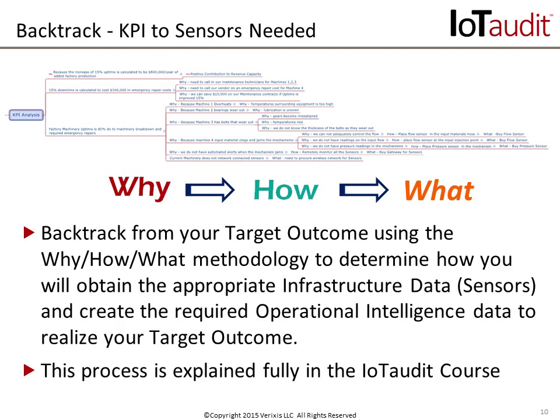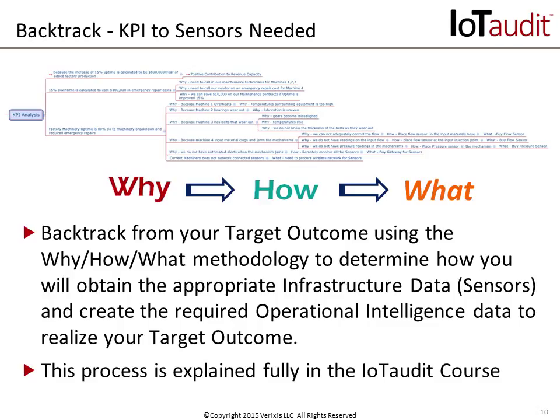This is a very important slide because what we're doing here is we're exploding out the KPI analysis using the why, how, what methodology to determine the root cause of the impediments to reaching our target outcome and where to extract the infrastructure data using the appropriate sensors. So I know you can't see this on this slide.